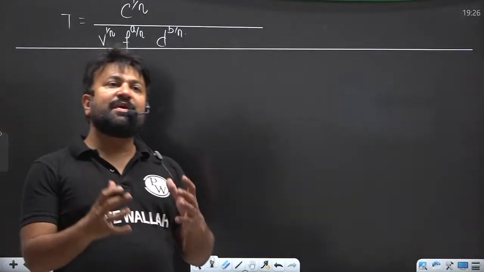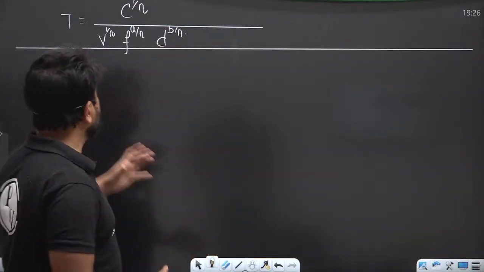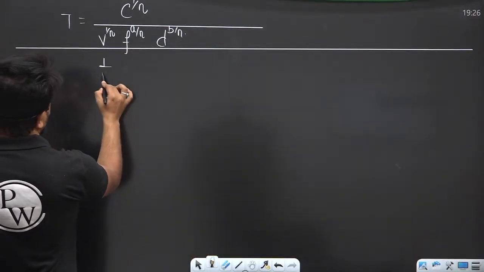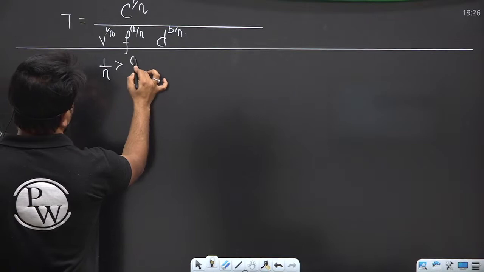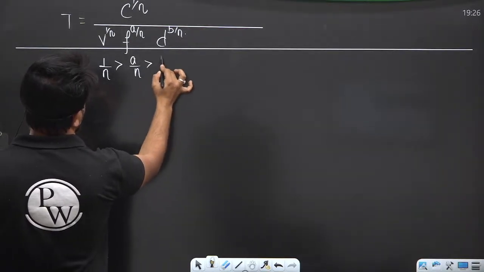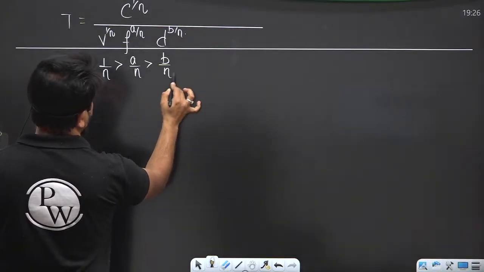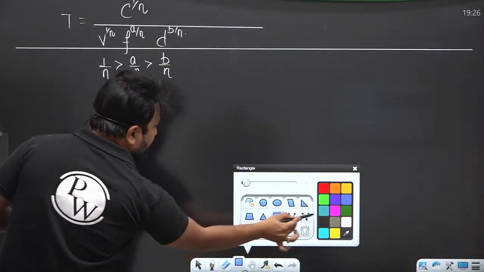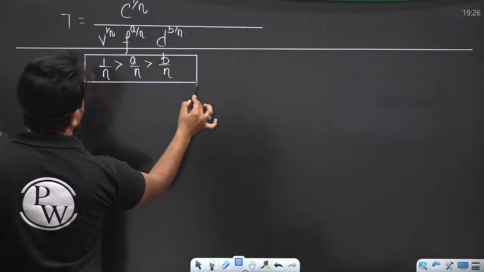Now when you compare the powers, it was found from experiment that 1 by n is greater than a by n, which is greater than b by n.